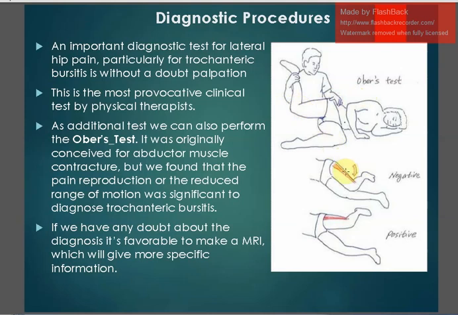Then you slightly bring the knee down, touching the other leg. If it is touching smoothly, that is negative. If it is not possible, or it is restricting, or the limb is in the air, then it is positive because of the tight structures, which may be responsible for the bursitis.